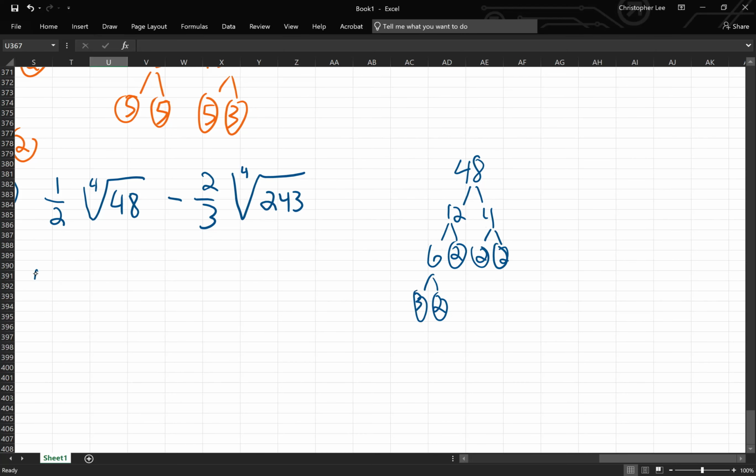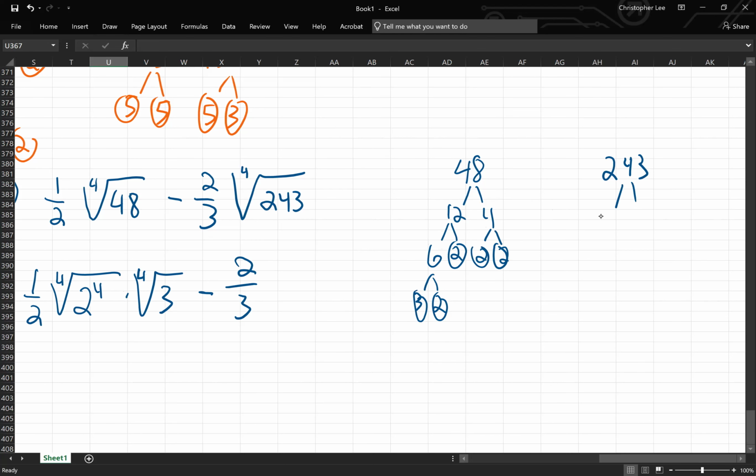So this is 1/2 fourth root of 2 to the fourth times the fourth root of 3 minus 2 over 3, and let's do the 243. I know it's divisible by 3. That's 81.